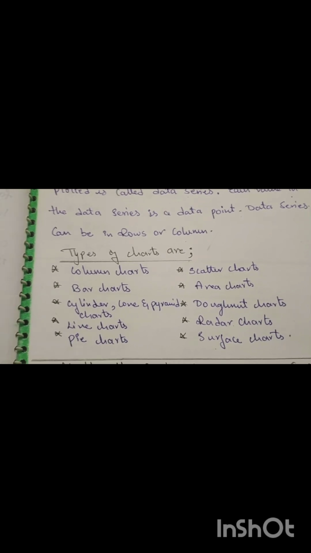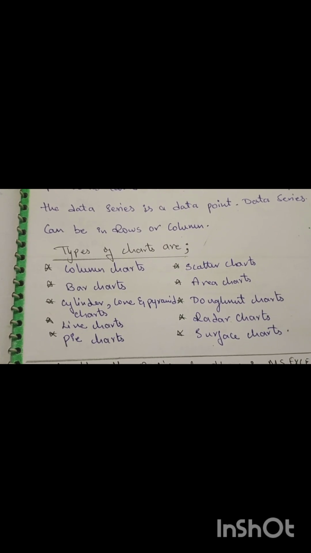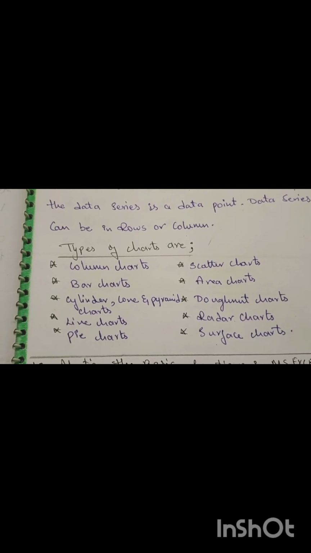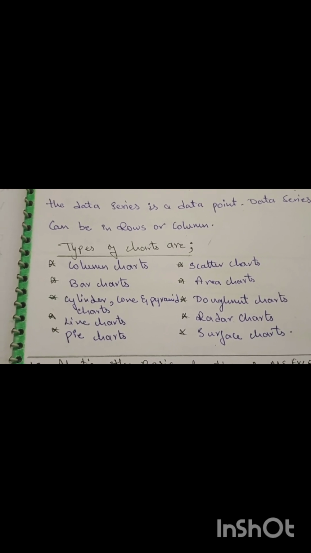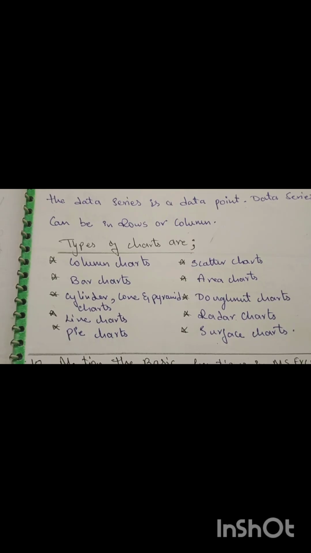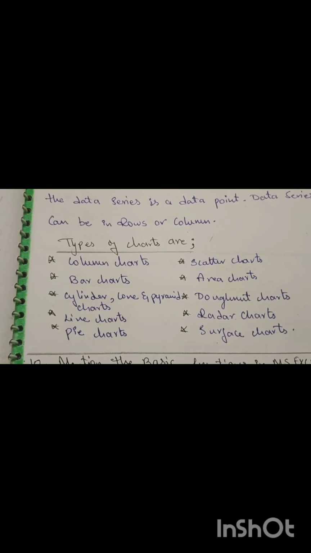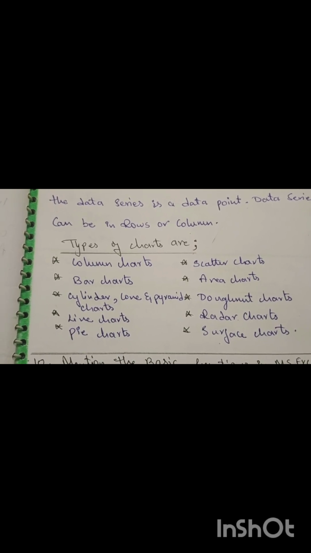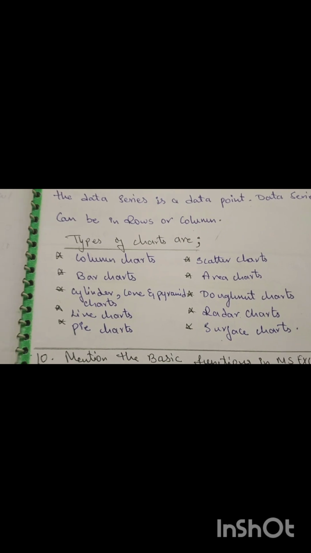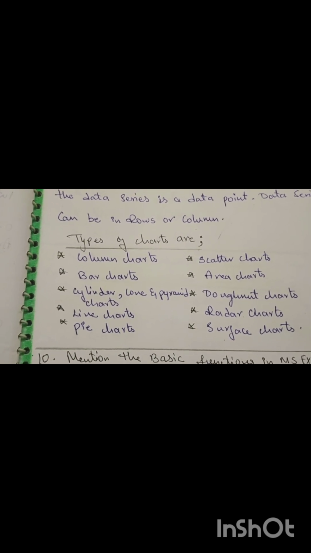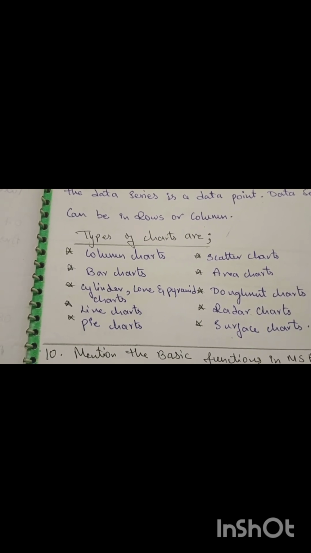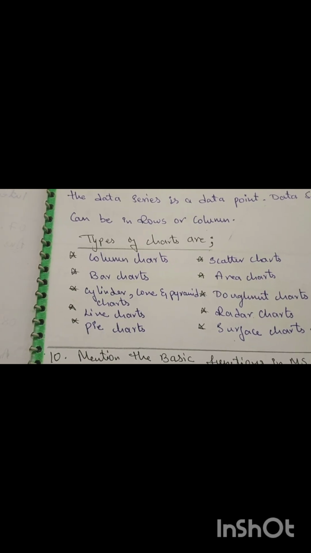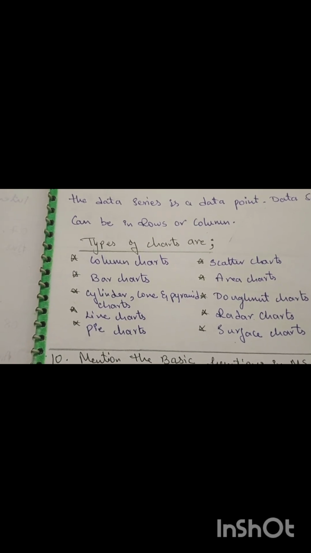Then area chart, donut chart, radar chart and surface chart. You can create more types of charts from Excel. Excel also lets you change the colors of the charts, give names to the charts, and change the design, colors, background, etc.